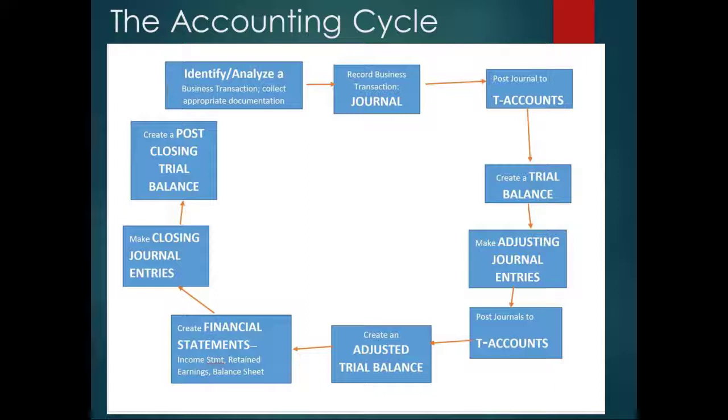In the next videos and in the next chapters in your book, we'll be going through some of the rest of these, creating actual journal entries, posting journal entries, creating a trial balance, making some adjustments, and creating the final trial balance. And the financial statements, which again you've already had a taste of in an earlier video, and then closing journal entries, creating a post-closing trial balance, and then the next month or the next year starting all over again.